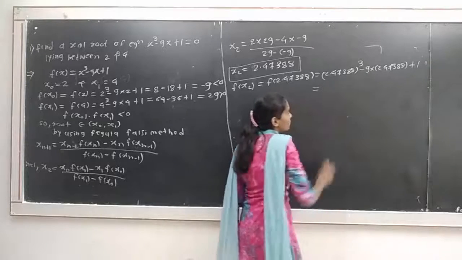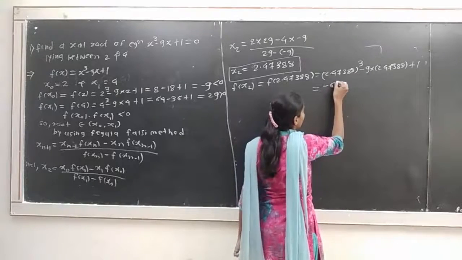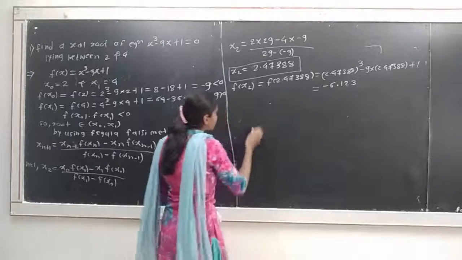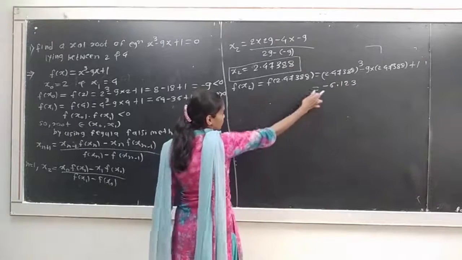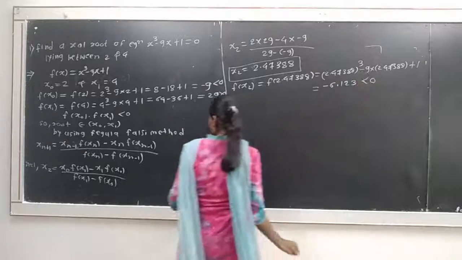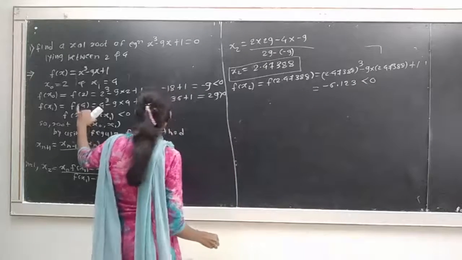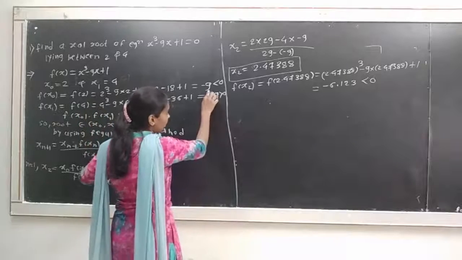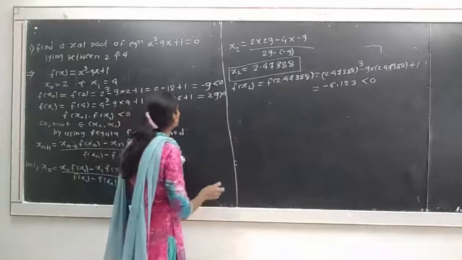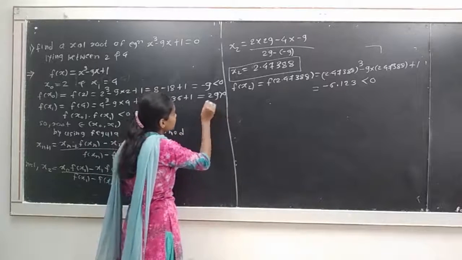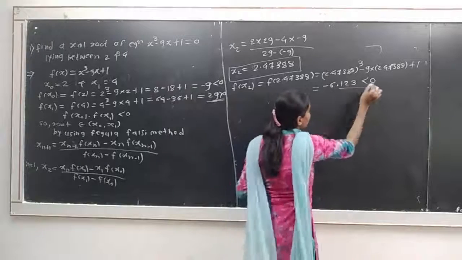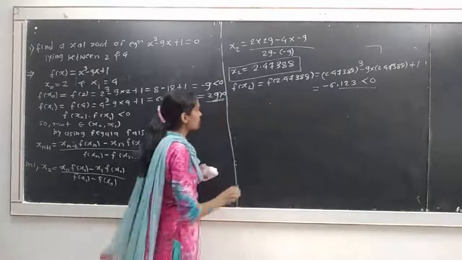After calculation we get the value minus 6.123. Here f of x2 will be minus 6.123, that is less than 0. f of x0 is negative, f of x2 is negative, that is of same sign, and f of x1 is positive, that is greater than 0, and f of x2 is less than 0, that is of opposite sign.